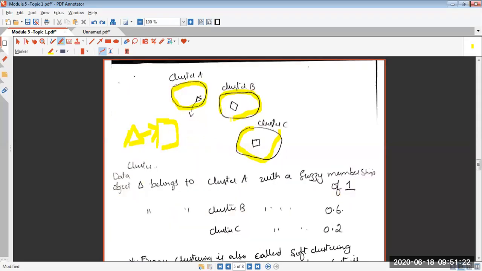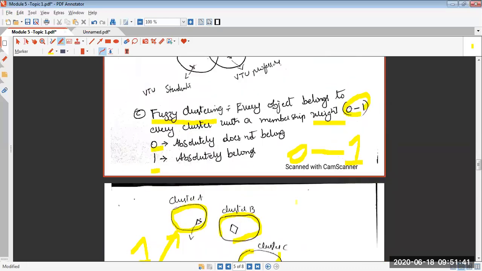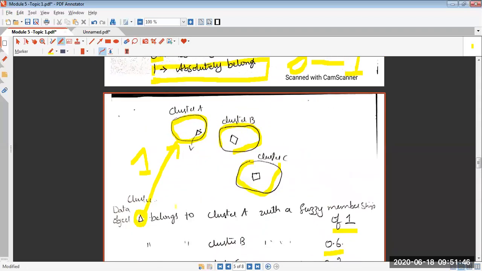So what is the membership weight we gave for this triangle? This is the fuzzy membership you are seeing. The algorithm has declared the triangle has a membership of 1 with cluster A. What do you mean by a membership of 1? That is what I have written here: absolutely belongs, completely belongs. Next, the algorithm has declared the triangle has a weight of 0.6 with cluster B. What does it mean?